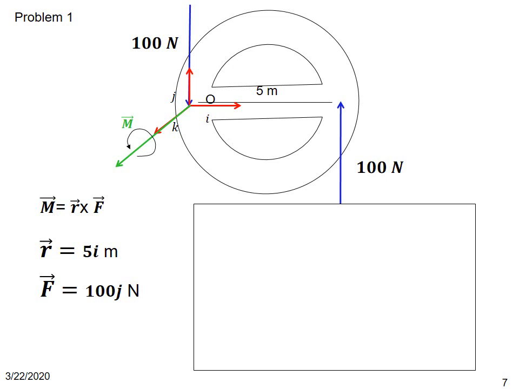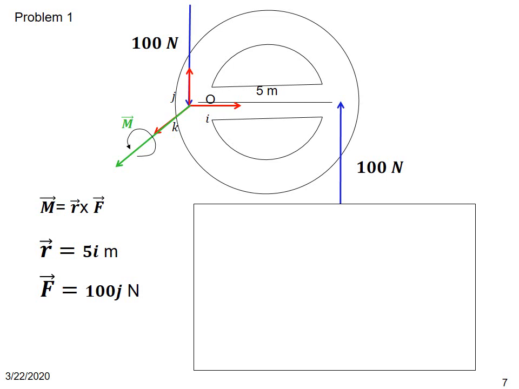Consider a problem that involves a couple of forces. A steering wheel is acted on by two forces, 100 Newton in magnitude, as indicated in the figure. We need to find the couple moment of this configuration.